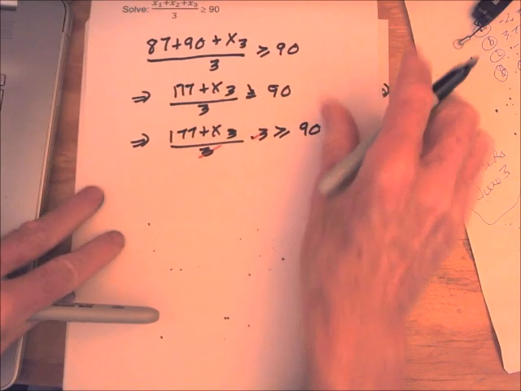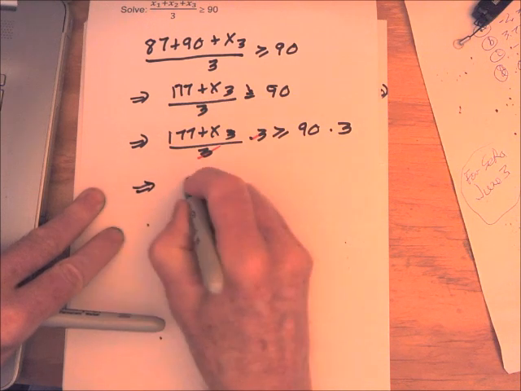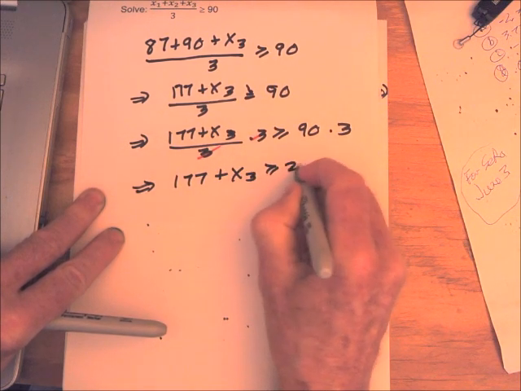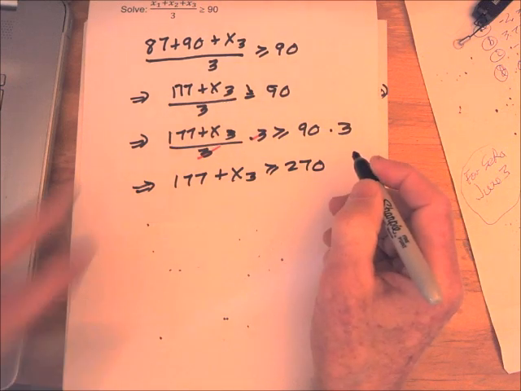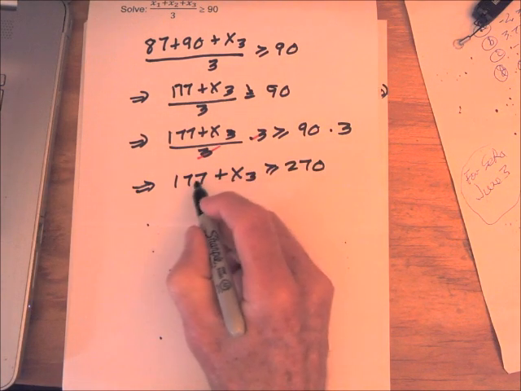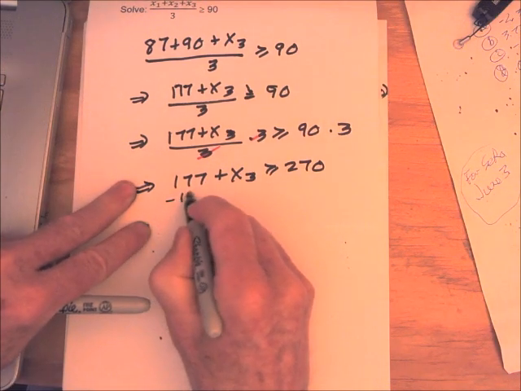Okay, so we'll have 177 plus X3 greater than or equal to 270. We're still trying to isolate X3, so we subtract 177 from both sides.